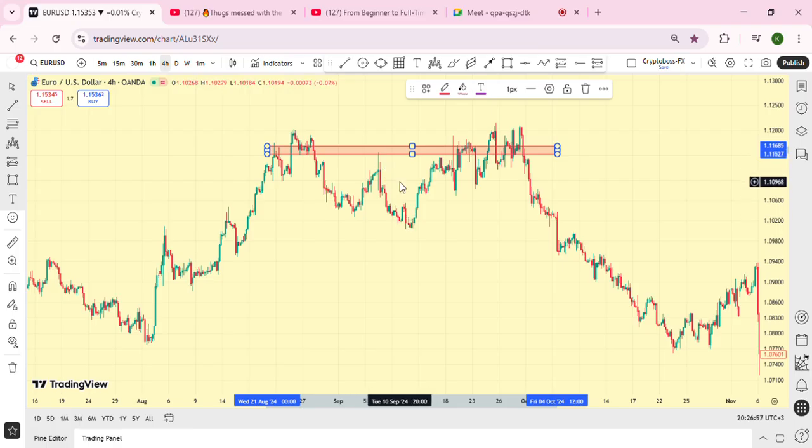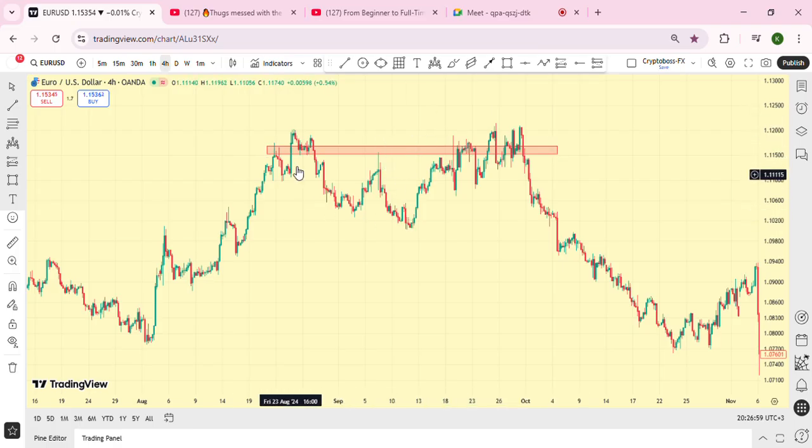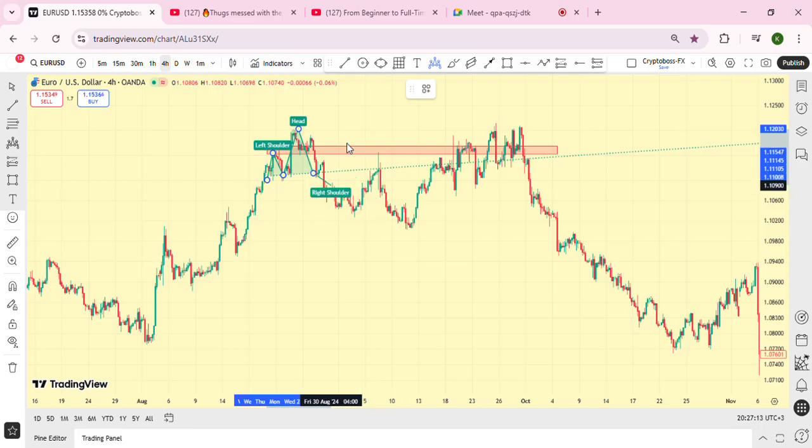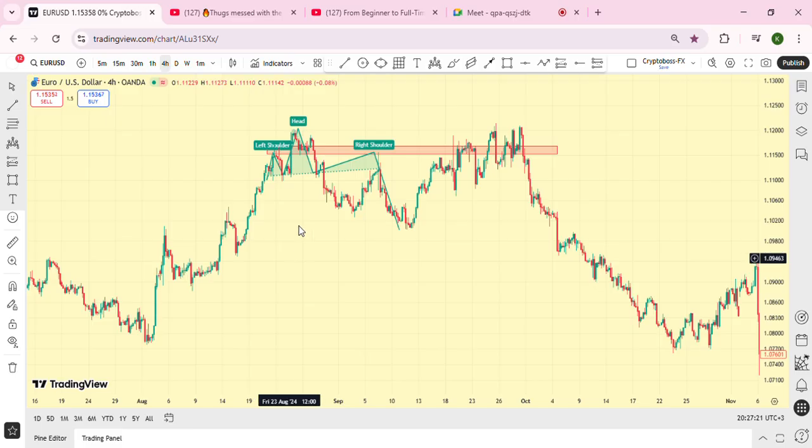So for this one, we had this. We then had the head, and the entire whole of this is now the left shoulder, then the market dropped.